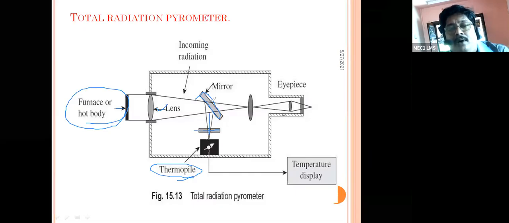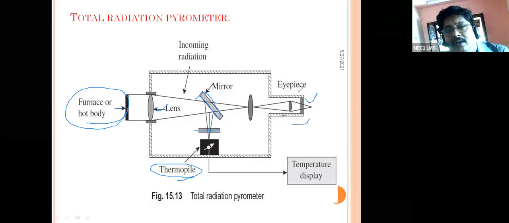And the remaining percentage of the radiation falls on the lens, and with the help of the eyepiece, the observer can observe. He has to adjust in such a way that the radiations fall on the lens correctly.